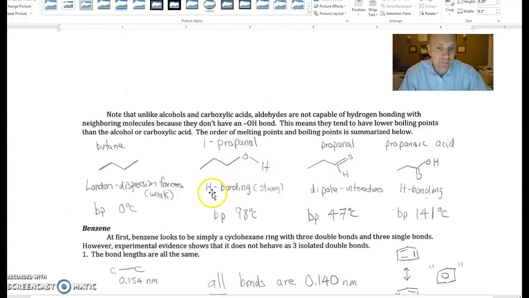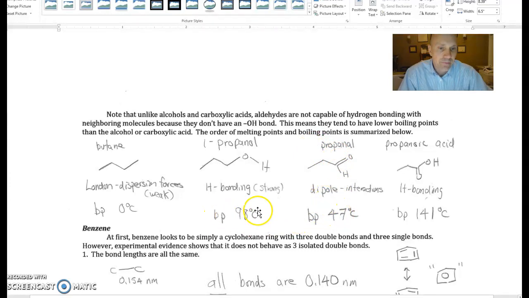Again, if we were to draw a bunch of alcohol molecules near each other and draw the delta positive, delta negative areas of slightly positive and slightly negative charge, you'd see that there's areas where hydrogen bonds can form. So going from propanol up one oxidation state to propanal, notice that you get a drop in the boiling point.